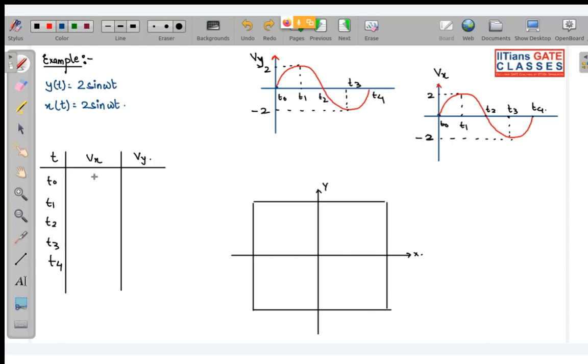At time t equal to 0, what is the value of both the signals? It is 0 and 0. Now at t1, corresponding to 0, 0, where are the electrons going to hit on the screen? It is going to hit someplace over here.